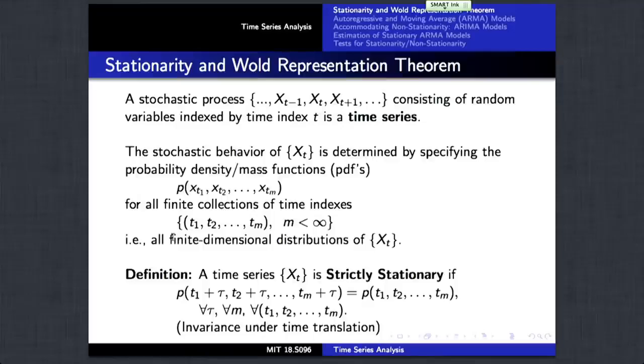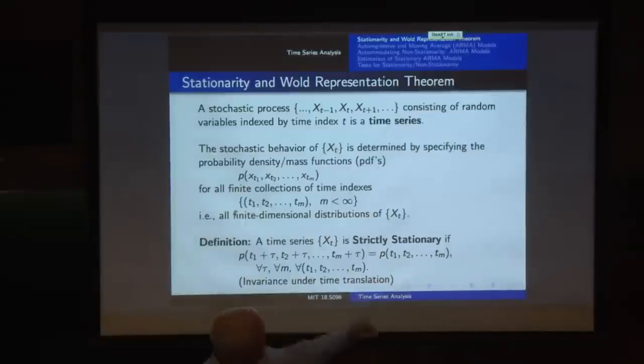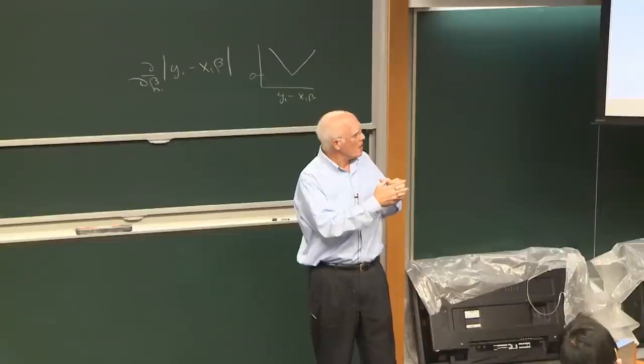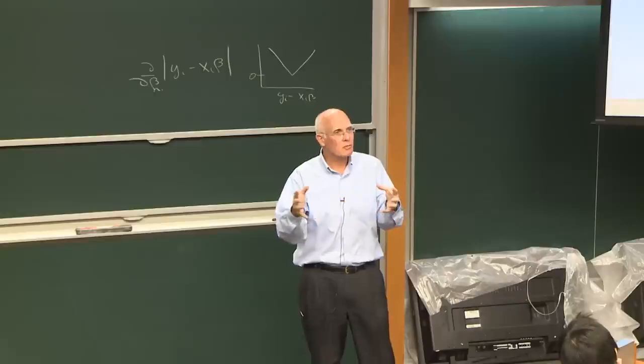Now, this stochastic process is strictly stationary if the density function for any collection of times, T1 through Tm, is equal to the density function for a tau translation of that. So the density function for any finite dimensional distribution is constant under arbitrary translations.